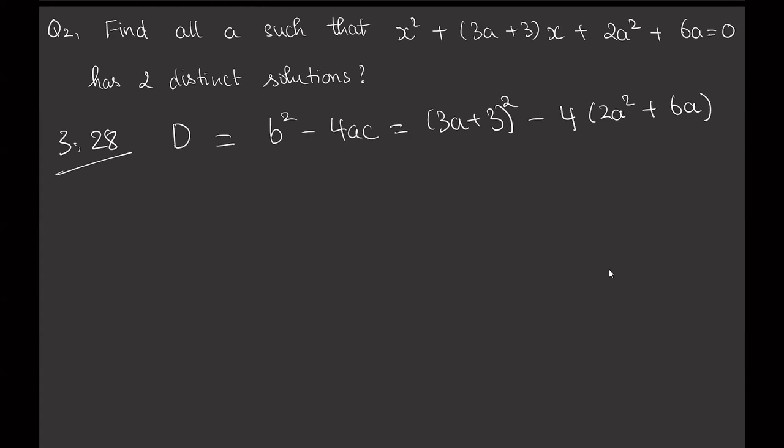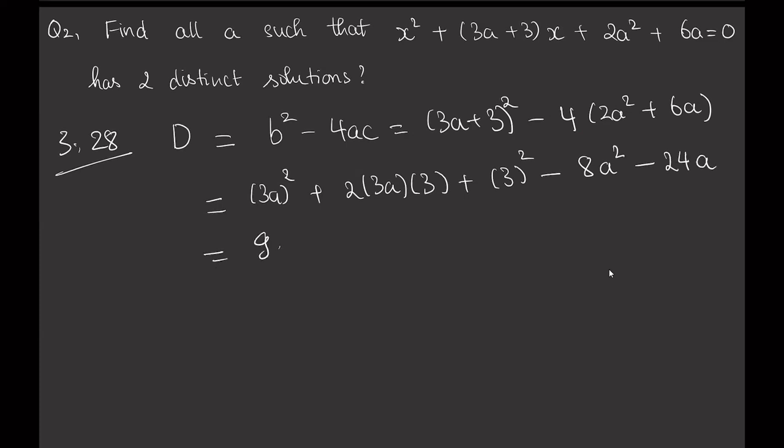Like this. So if you expand this out, you have 3a squared plus 2 times 3a times 3 plus 3 squared minus 4 times 2, which is 8, and then minus 4 times 6, which is 24.